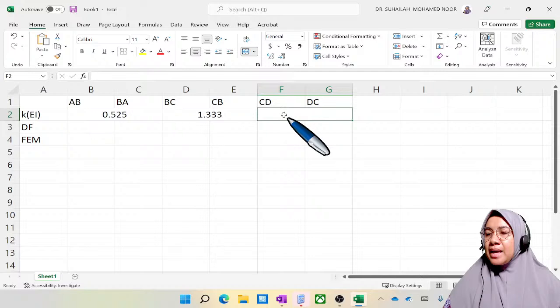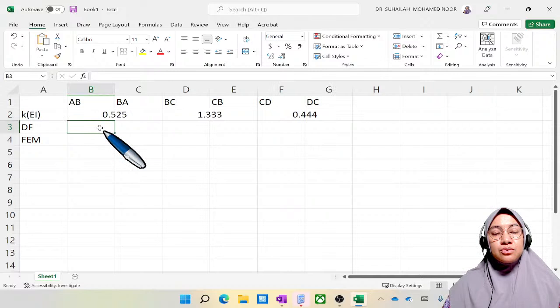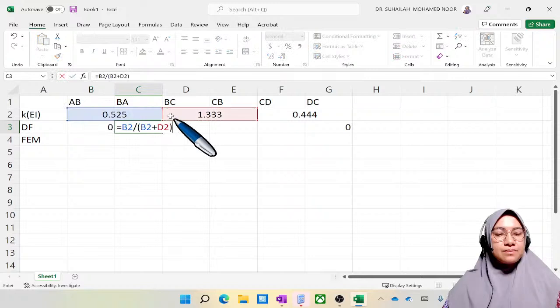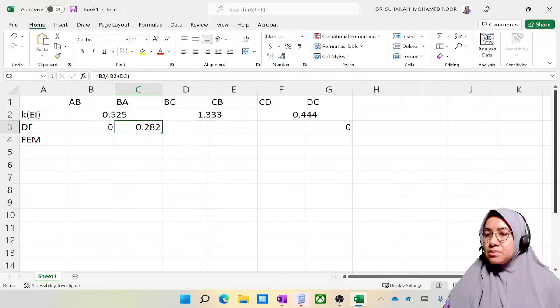Distribution factor, since A and D are fixed, so DF will be 0. Then we will start to calculate distribution factor, divided by total plus this. We get 0.282. I choose to use up to 3 decimal points.